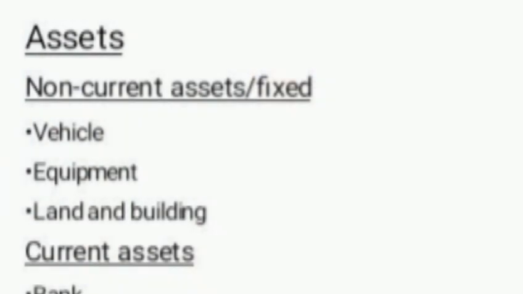We have three types of assets: non-current assets, current assets, and financial assets. We're going to start with the non-current assets. Under the non-current assets category, we have vehicles, equipment, land and building.